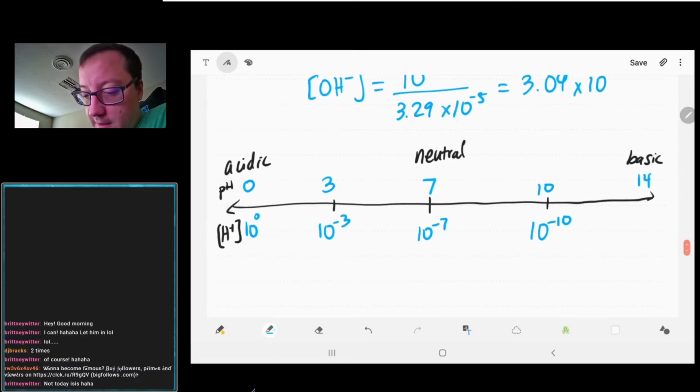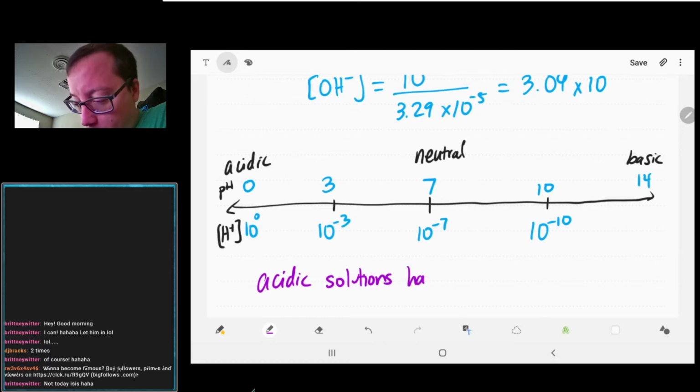So we're going to see here that acids or acidic solutions have a pH that is less than 7. Sorry, the H is capitalized because it is hydrogen.